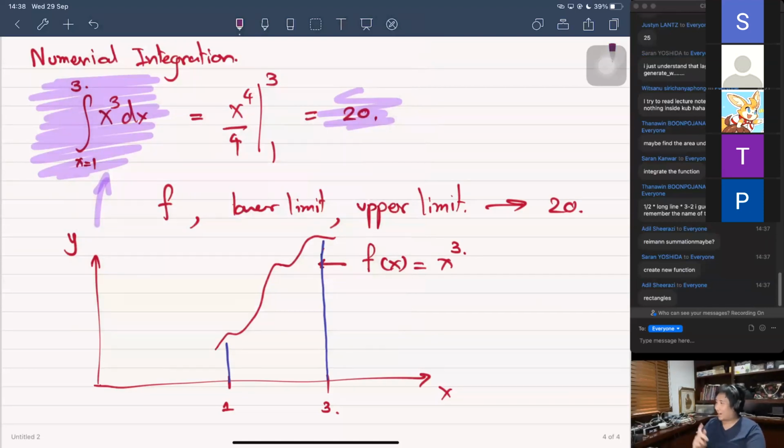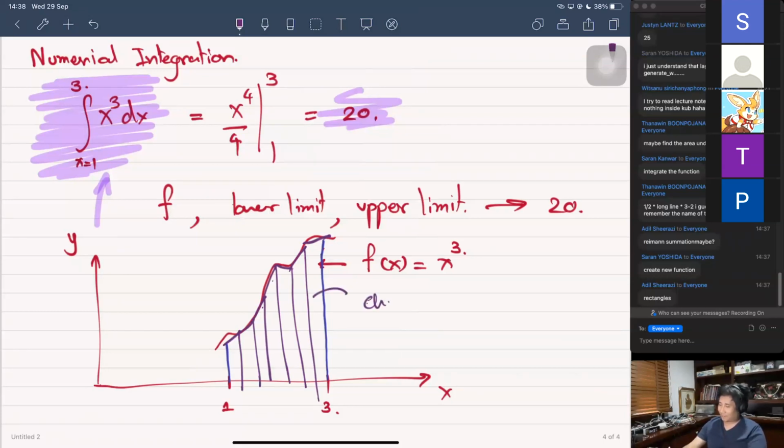But we're going to do something better than rectangles, because I want to show you later that you don't want to use rectangles. Rectangle is a stupid idea. So you're going to chop this thing up into a whole bunch of trapezoids. The smaller the trapezoid, the closer it is to the real function. The goal: chop it up and add up the area of the trapezoids.